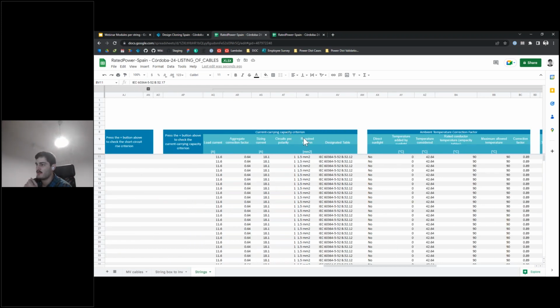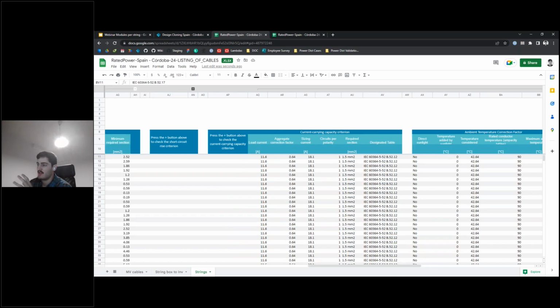And with those values, we are going to size the string cables, the section that is needed for this specific string cable.